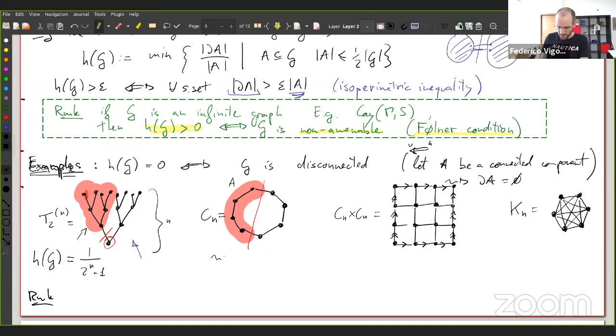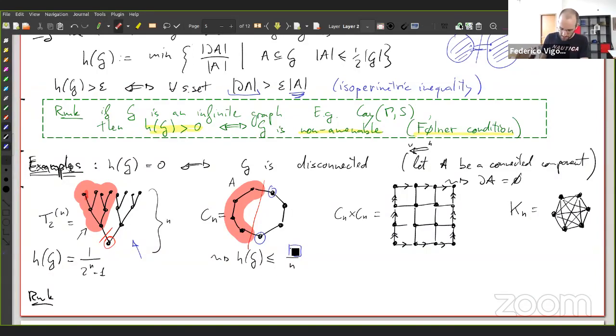Okay. Then this set is telling us that the Cheeger constant of this graph is at most, say, 2 over n. Yes, because there are 2 elements in the boundary.